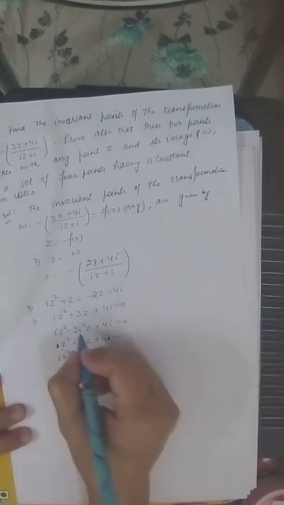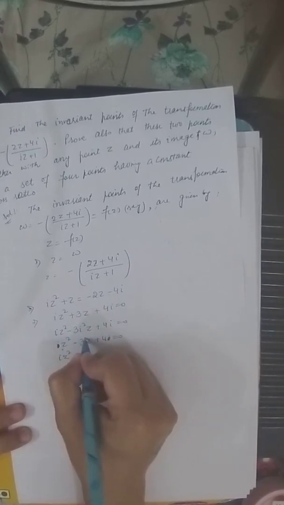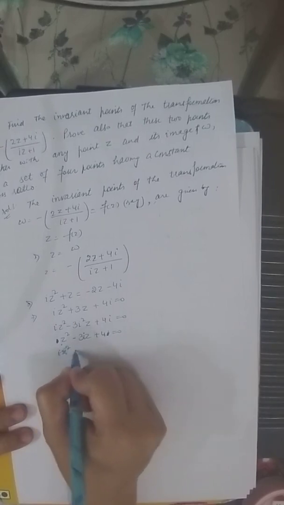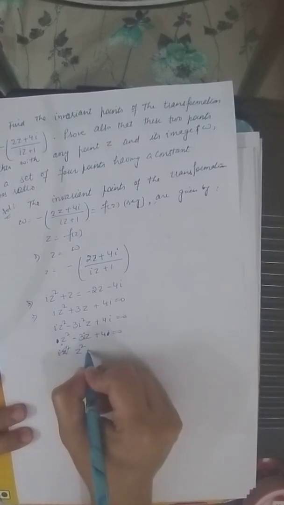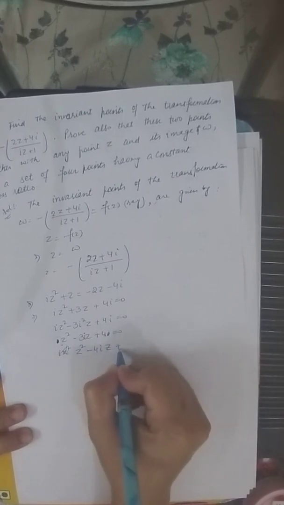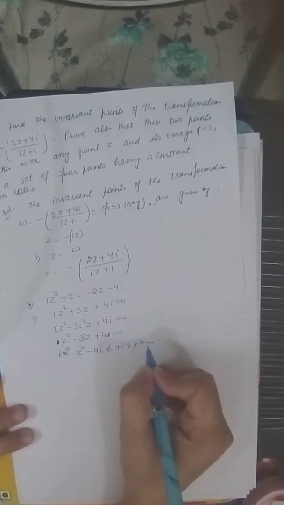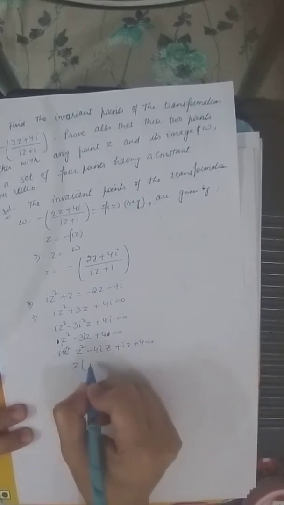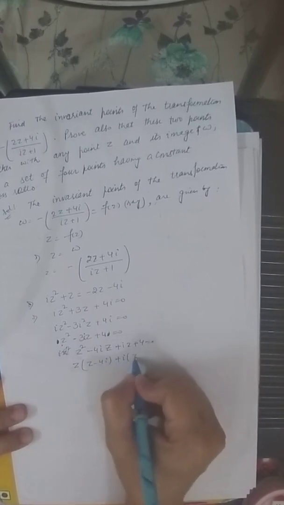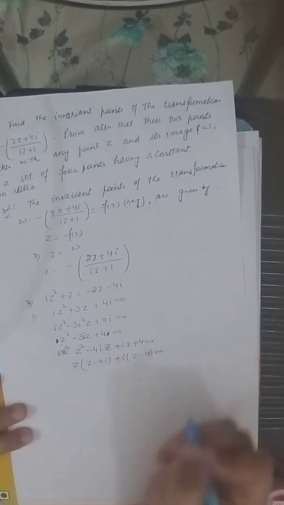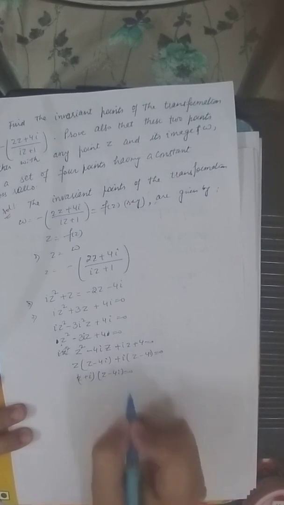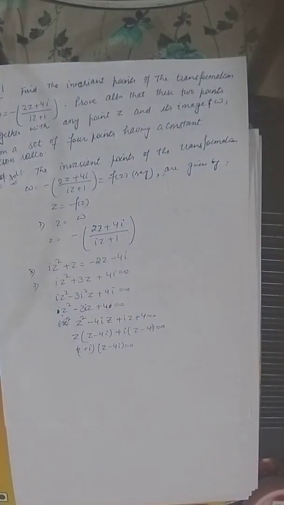Now you will get z square minus 4 iota z plus iota z plus 4 equal to 0. z common, z minus 4 iota, from here iota common, z minus 4 iota equal to 0, z plus iota, z minus 4 iota equal to 0.